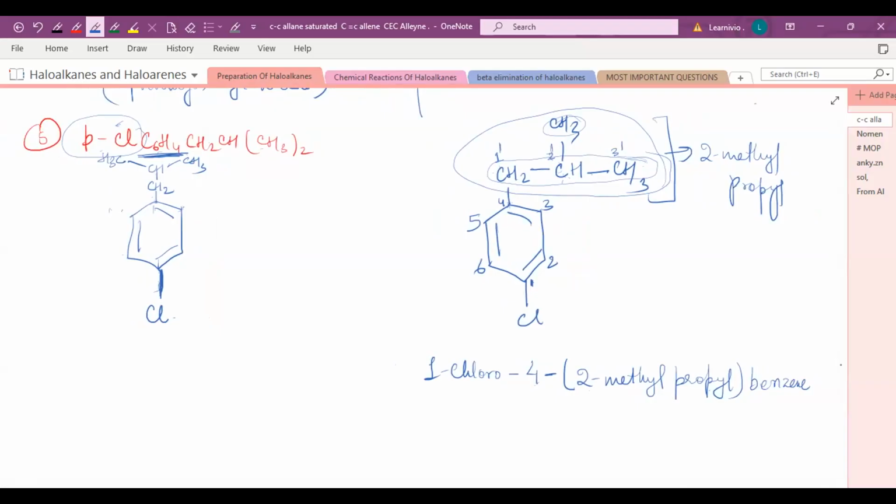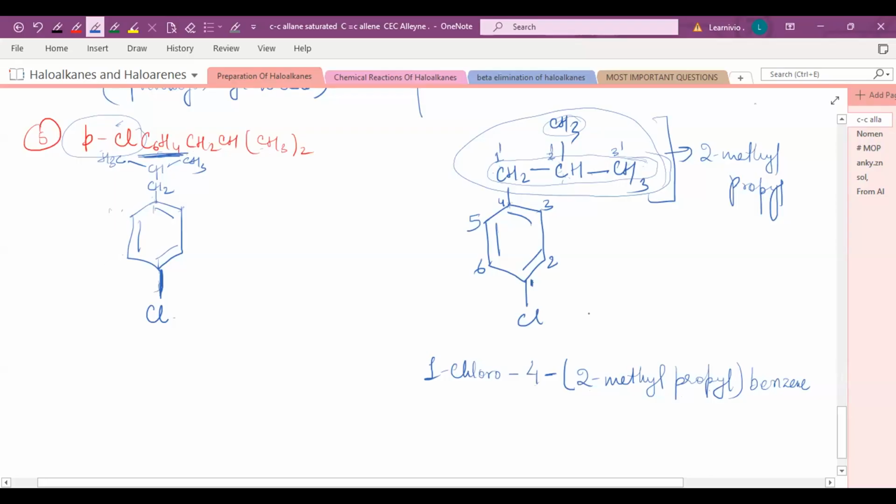Is it clear, Aneesha? Yes, ma'am. Just now tell me which type of halide it is. Very simple. Which type of halide it is? Just see the halogen group is directly attached to the benzene ring.